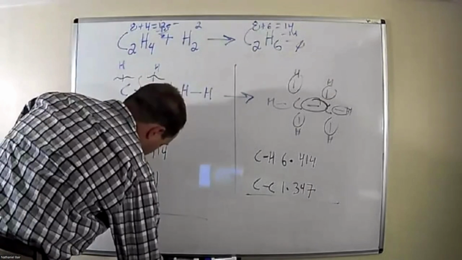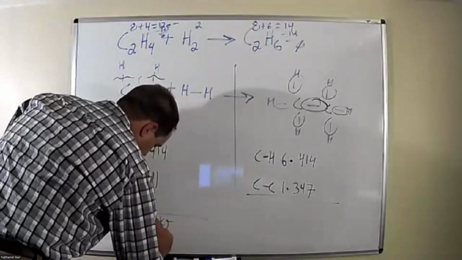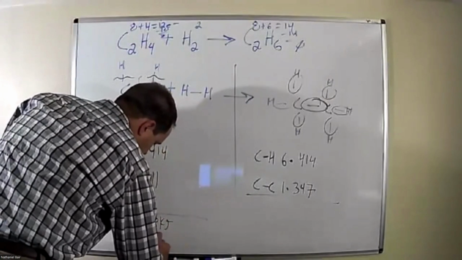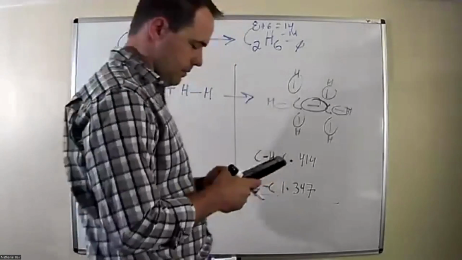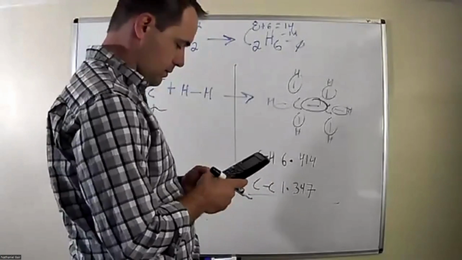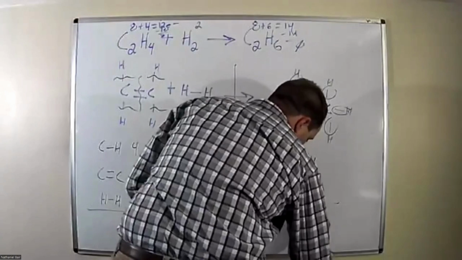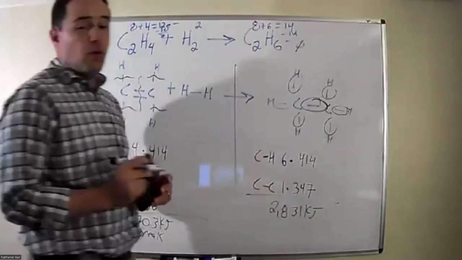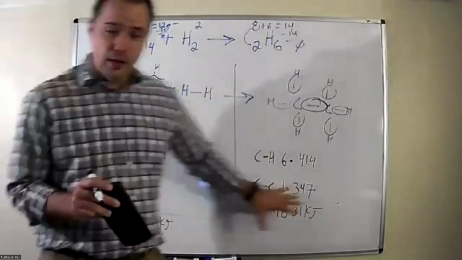That's going to be 2,703 kilojoules of energy needed to break the bonds. Let's figure out how much we get back. We're going to get back 2,831. So this reaction is going to be exothermic because we get more energy back out than we had to put in.